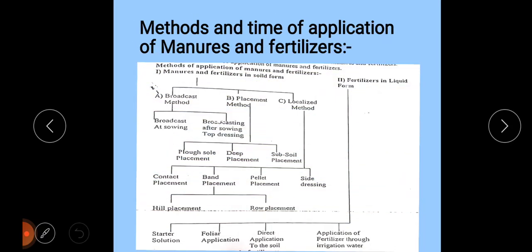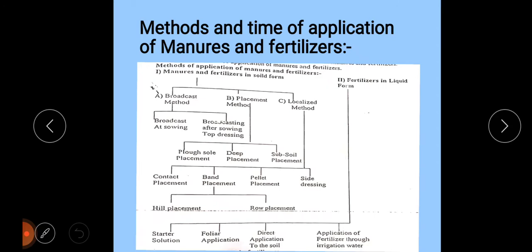Then we discuss methods and time of application of manures and fertilizers. Basically, here we discuss manures and fertilizers in solid forms, and fertilizers in liquid forms.